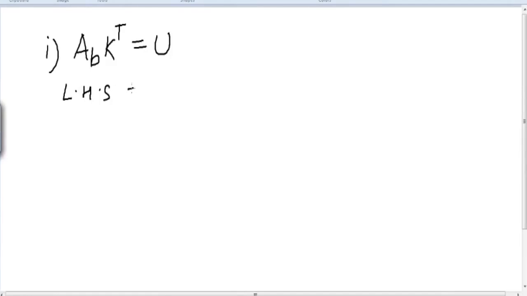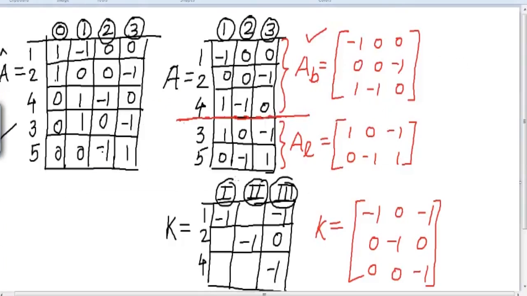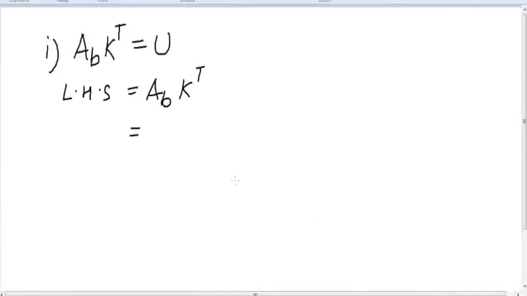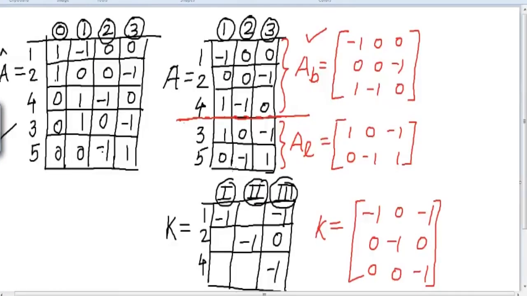If you start with the LHS, you have AB multiplied by K transpose. So just take the matrix AB. What is AB? -1, 0, 0, 0, 0, -1, 1, -1, 0. We will write it in this way: AB is -1, 0, 0, then 0, 0, -1, and then the last row 1, -1, 0.